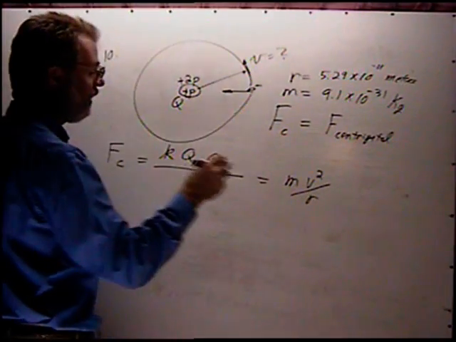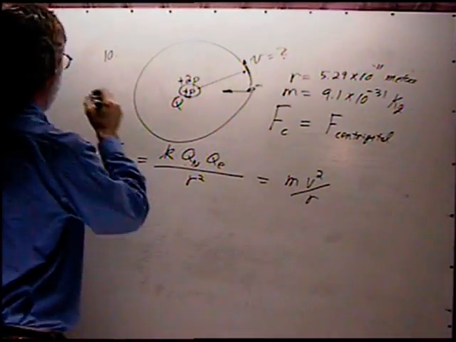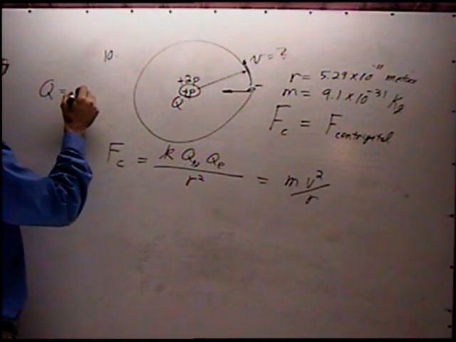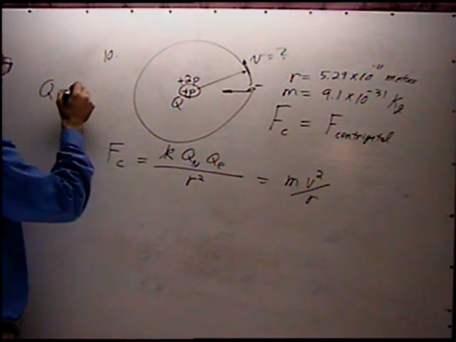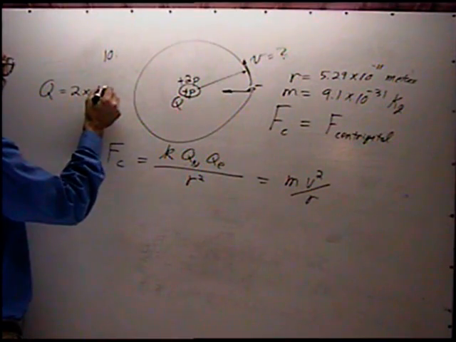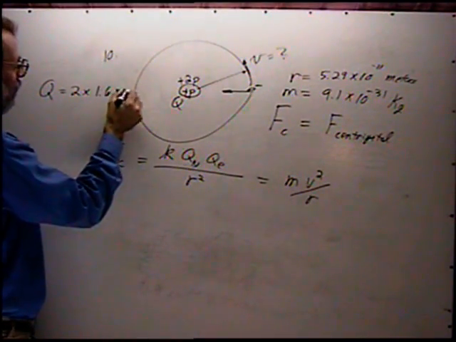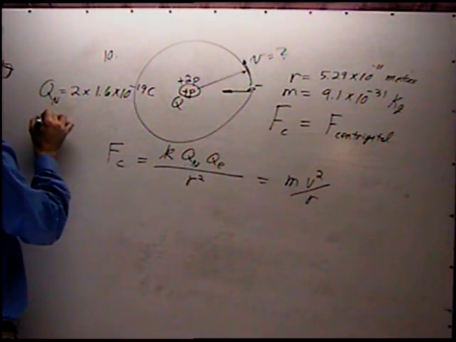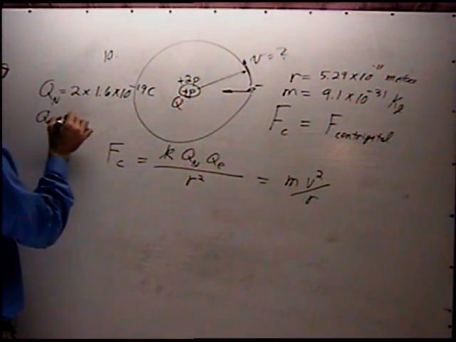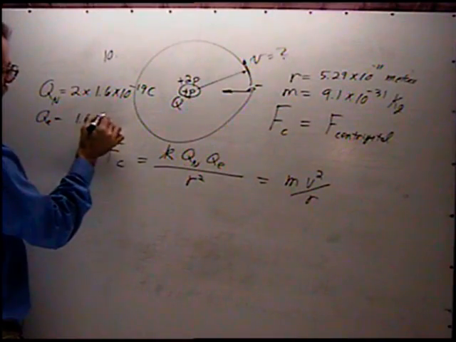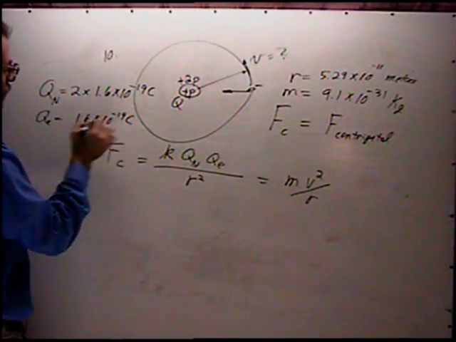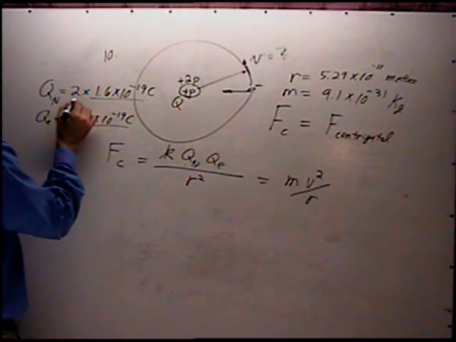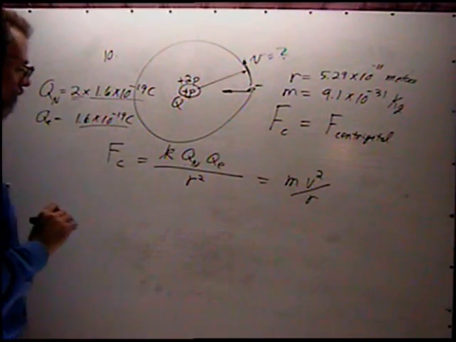And really, the charge of the nucleus is two protons. So it's 2 times 1.6 times 10 to the minus 19 coulombs. And the charge on the electron is 1.6 times 10 to the minus 19 coulombs. The charge of the electron and the proton are the same, but the nucleus has 2 protons.